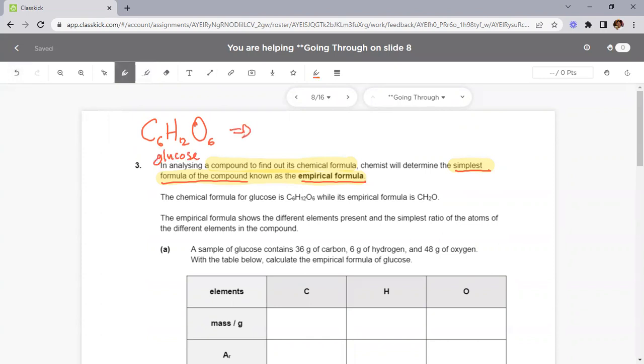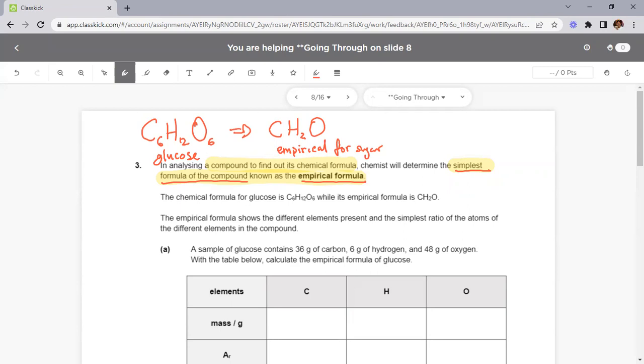Actually, this is not the simplest form. The empirical formula is the lowest ratio amongst all. It's actually CH2O. This is the empirical formula for sugar. So you can see it's really going down to the lowest ratio.